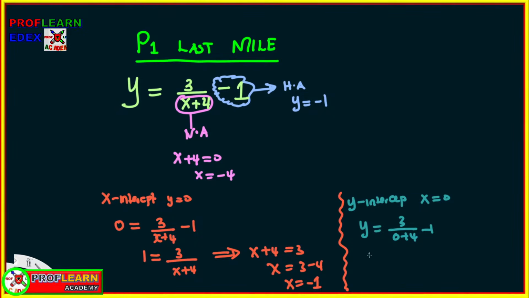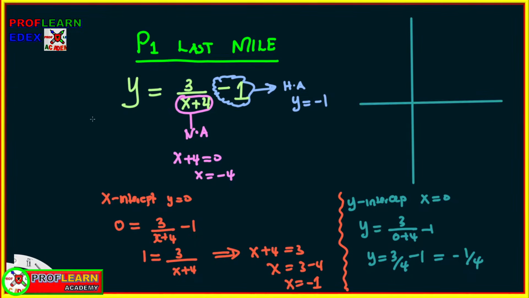So this is going to reduce to y is equal to 3 over 4 minus 1, and that is going to be negative 1 over 4. So that is the y-intercept. So meaning that we can go ahead and sketch the graph for that part.